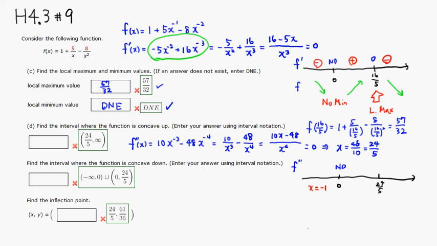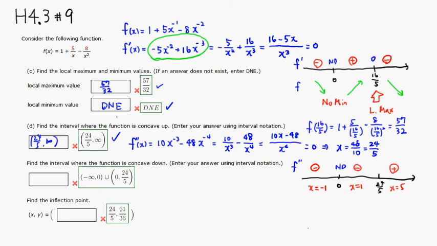And after that, let's try x equals 1. 10 minus 48 is still negative. Then after 24 over 5, let's try 5, and that's going to be positive. So it seems like you have a concave up shape after 24 over 5. So it's 24 over 5 to infinity.